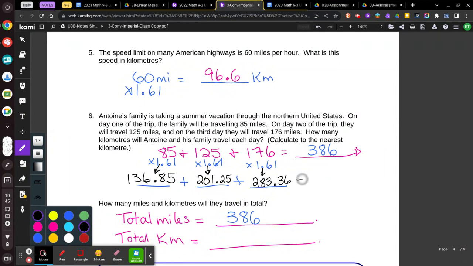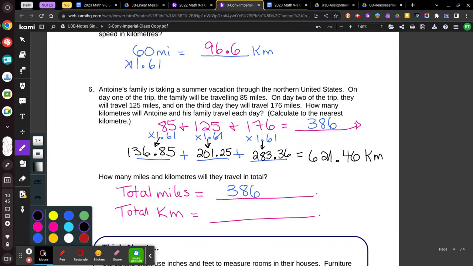So now we're going to add them all together. When we add those together, we should get 621.46 kilometers. That would be our total down here.